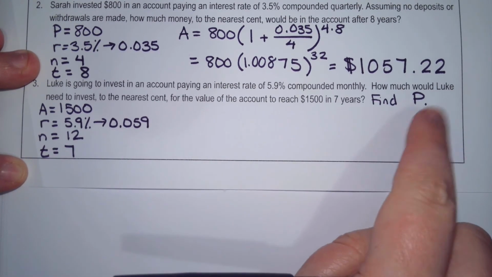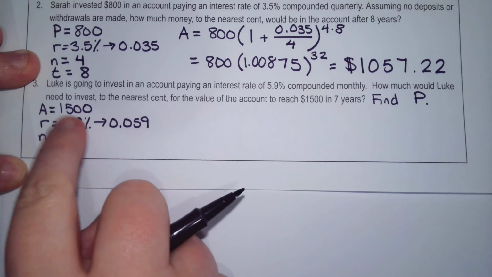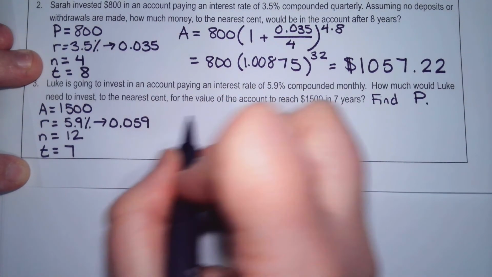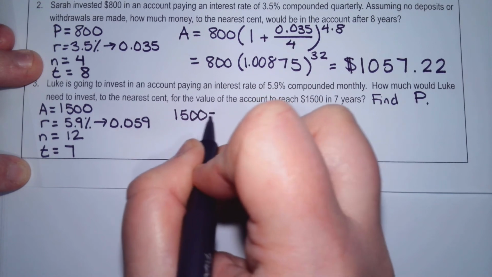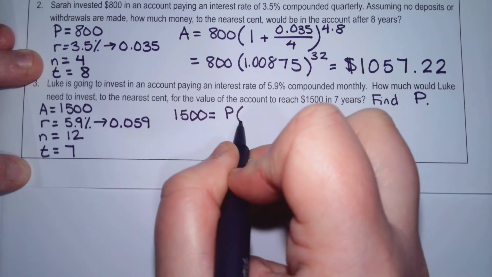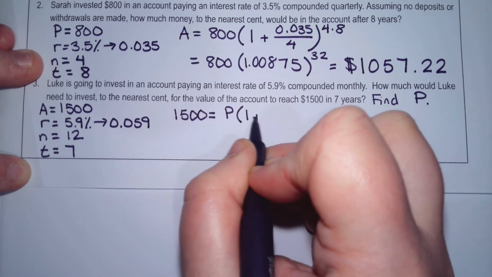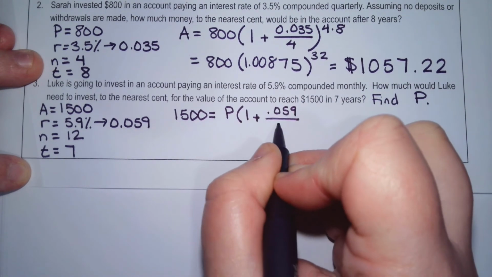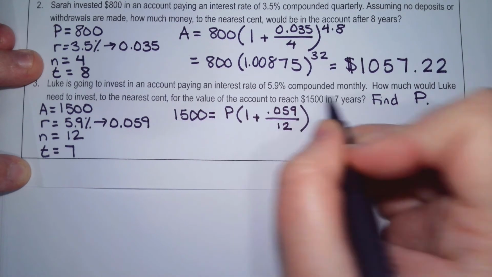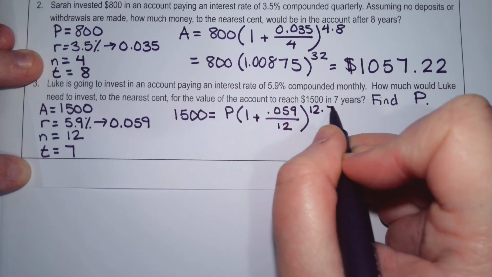So we're finding P. We start with A. So how our equation is going to be set up is 1,500 is equal to P times 1 plus 0.059 divided by 12 to the power of 12 times 7.